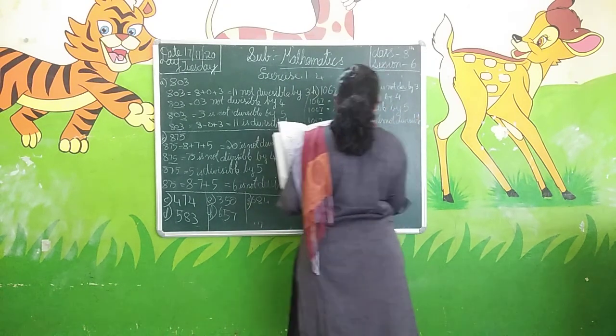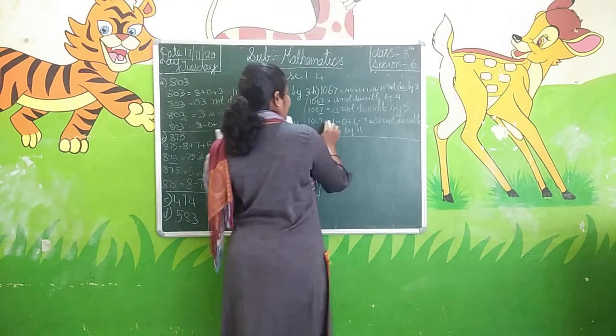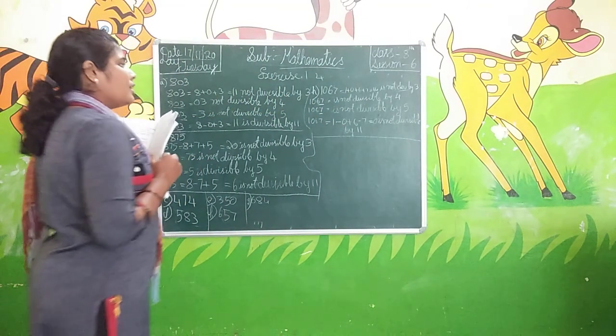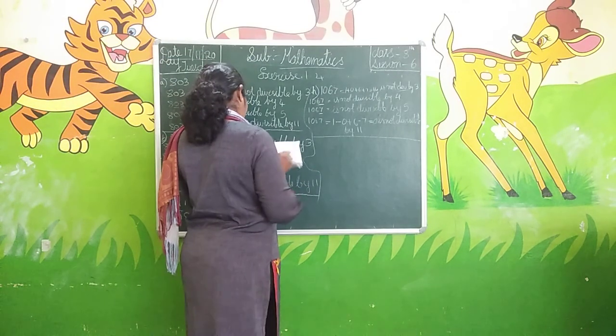It is not divisible by 11. Got it, students? First we take subtraction and addition, again subtraction and addition. Okay, come to the next problem.